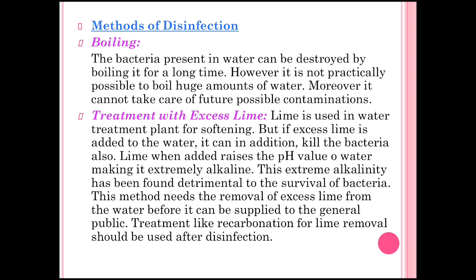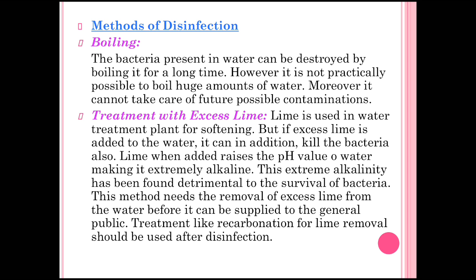This extremely alkaline condition has been found detrimental to the survival of bacteria. This method needs the removal of excess lime from the water before it can be supplied to the general public. We know that drinking water needs a pH of 6 to 7 to be permissible, and when the pH is increased, it is dangerous for us.